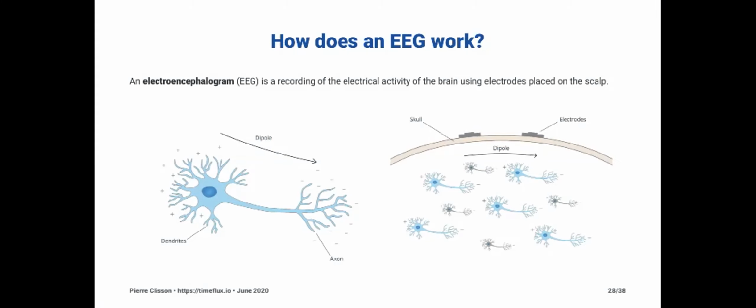So, how does an EEG work? An EEG records the electrical activity of the brain using electrodes placed on the scalp. This is the skull, and we put some electrodes here. Of course, there are other ways, but if you don't want to go under surgery, usually this is where you put the electrodes.